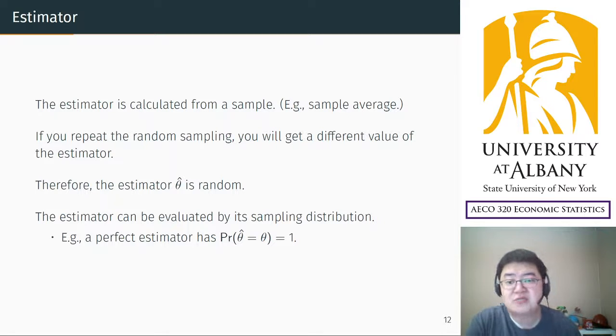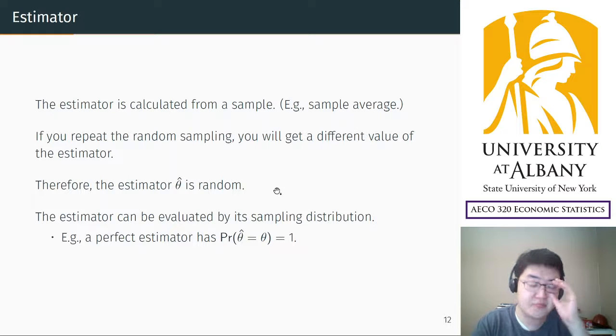So it's random, and then it will have a sampling distribution. So it is random and it follows a sampling distribution. So we are going to evaluate an estimator using its sampling distribution.